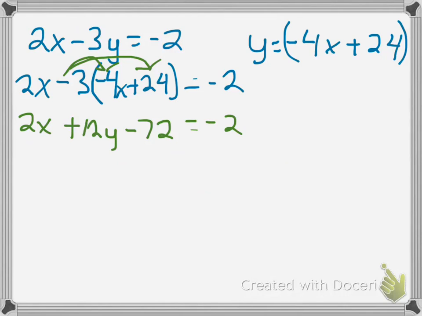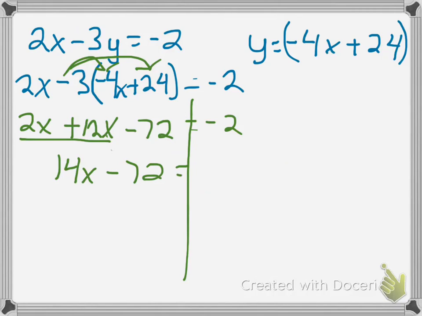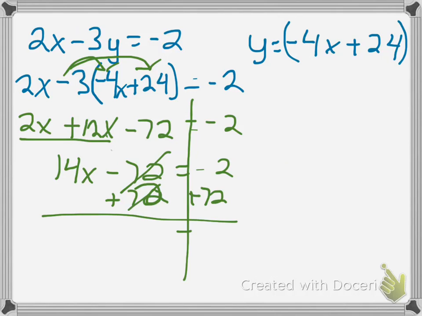I messed up here, that should be an x. Now I can combine like terms. So that's 14x minus 72 equals negative 2. Add 72 to both sides. I get 70 equals 14x.